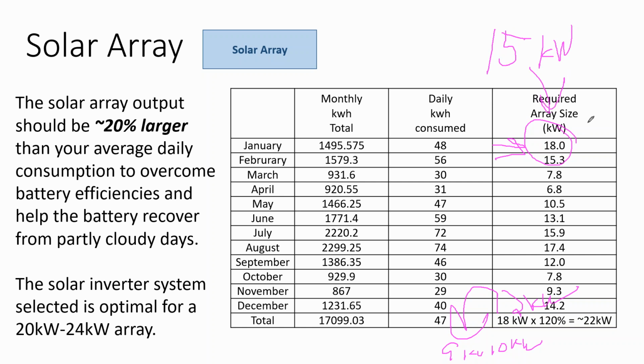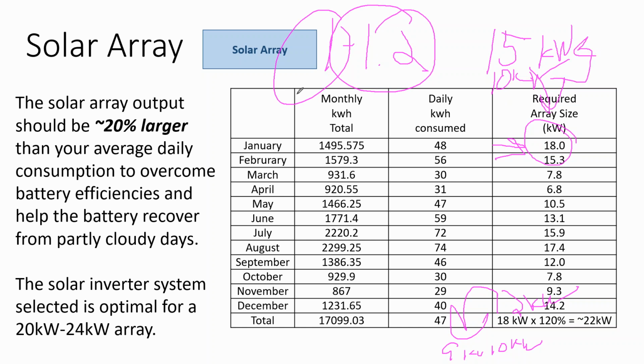Remember, the days of the month that I'm drawing down my battery bank are those overcast days when my array is producing about one third of what it would on a sunny day. So instead of a 1 to 1.2 ratio between my inverter size and my array size, my inverter to array ratio might actually be, I might put a 10 kilowatt charge controller on the 15 kilowatt array.